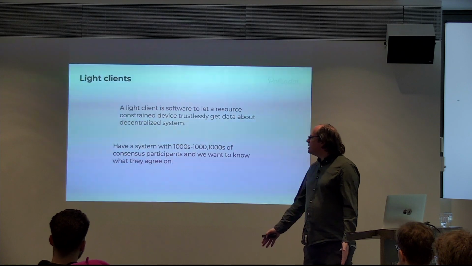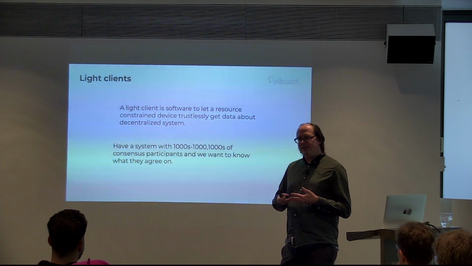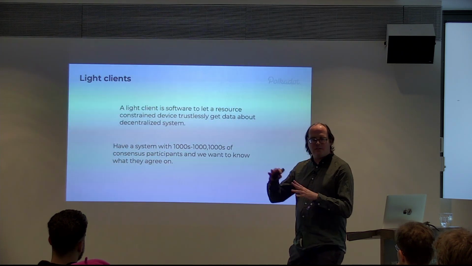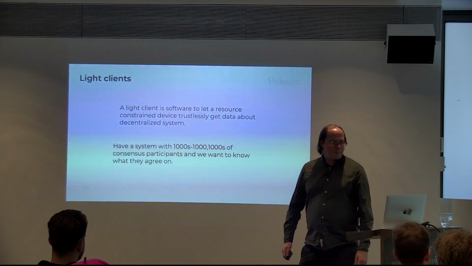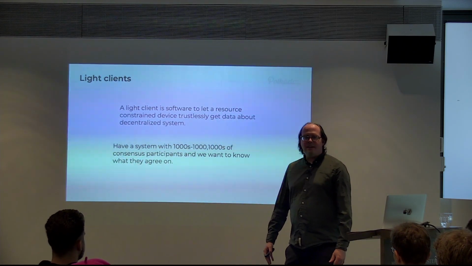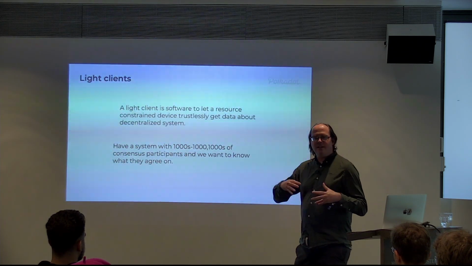Broadly speaking, a light client is something you'd be running on a resource-constrained device, and you're trying to follow this sort of decentralized consensus system. Part of the problem is that such a system may have many consensus participants.